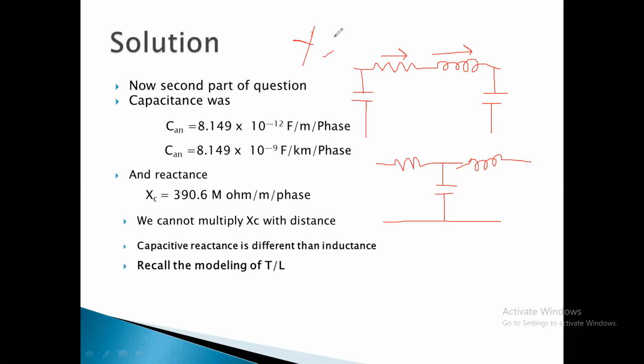Y is equal to 1 divided by XC in case of a capacitor, not C. So if the unit of capacitive reactance is ohm, then the unit of capacitive admittance, which we also call susceptance, is its inverse. I am calling it capacitive admittance for your understanding.